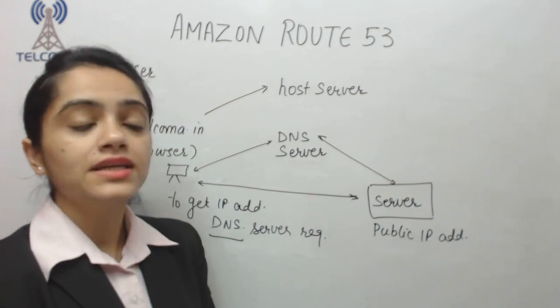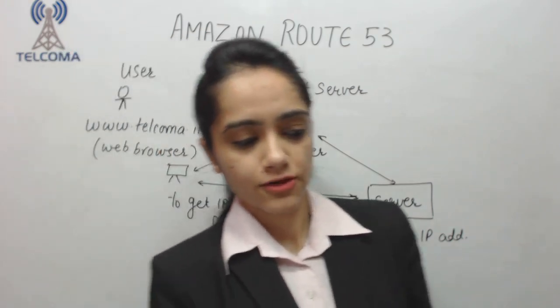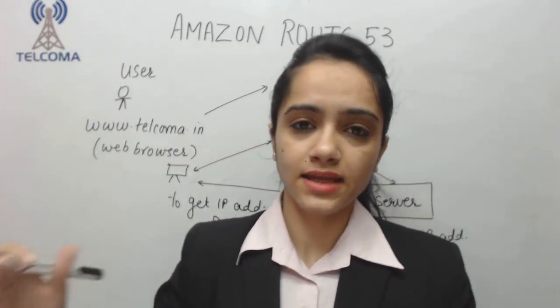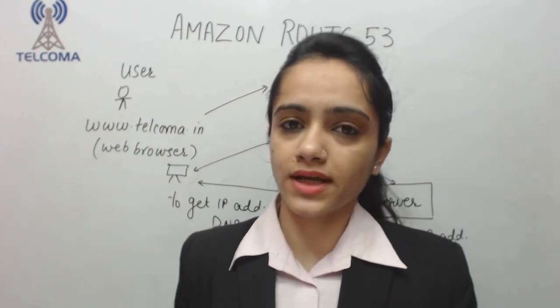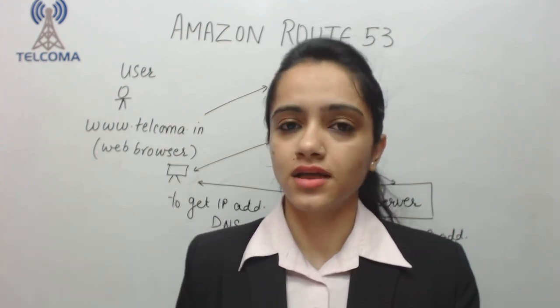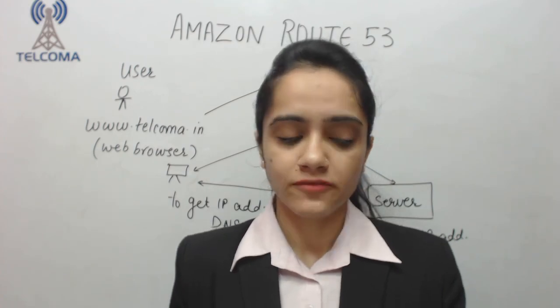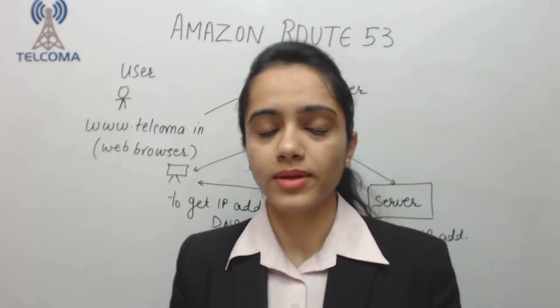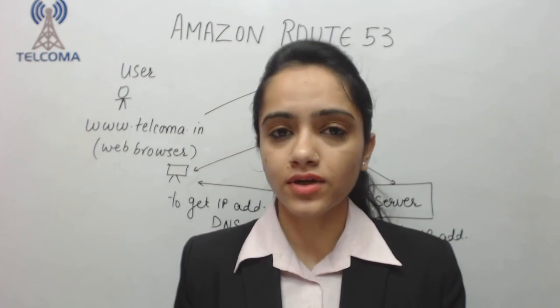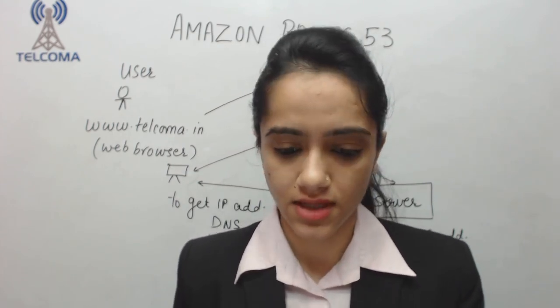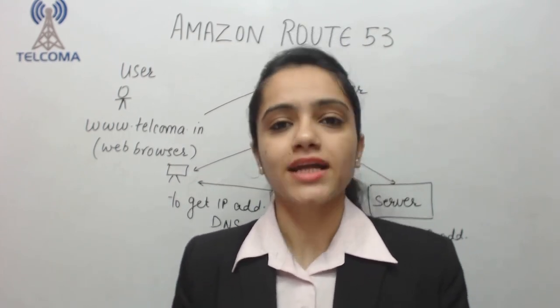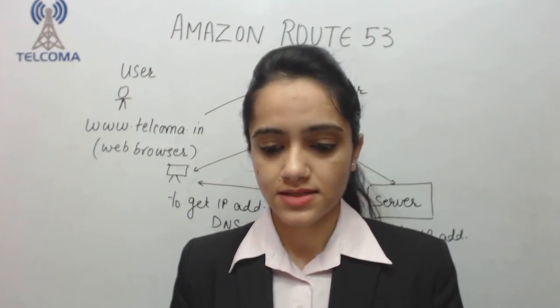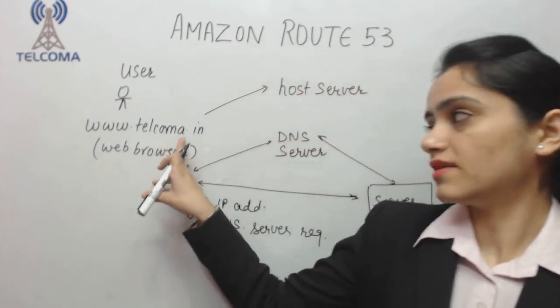Now, we can take an example of a phone call. For example, if we want to contact any person, we go to the contact list, search the name and then call. But the network does not require the name for making a connection. The network requires the contact number. Similarly, the contact number is like my IP address and the name is the website address.